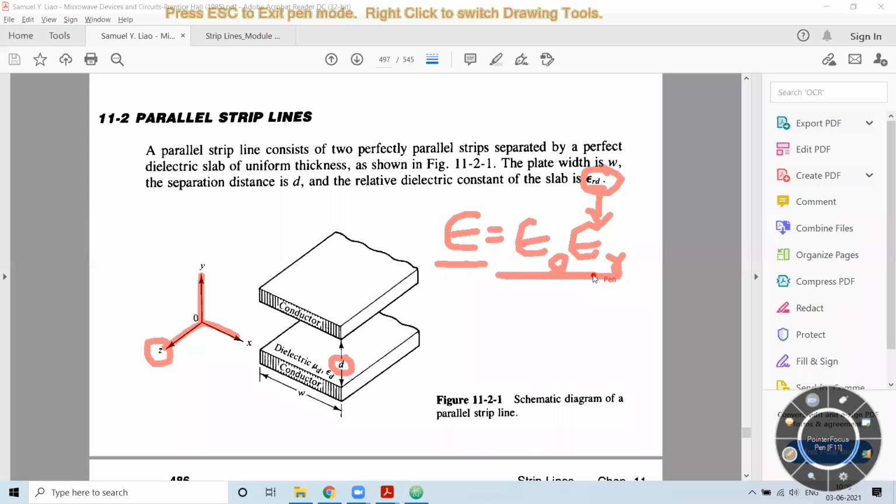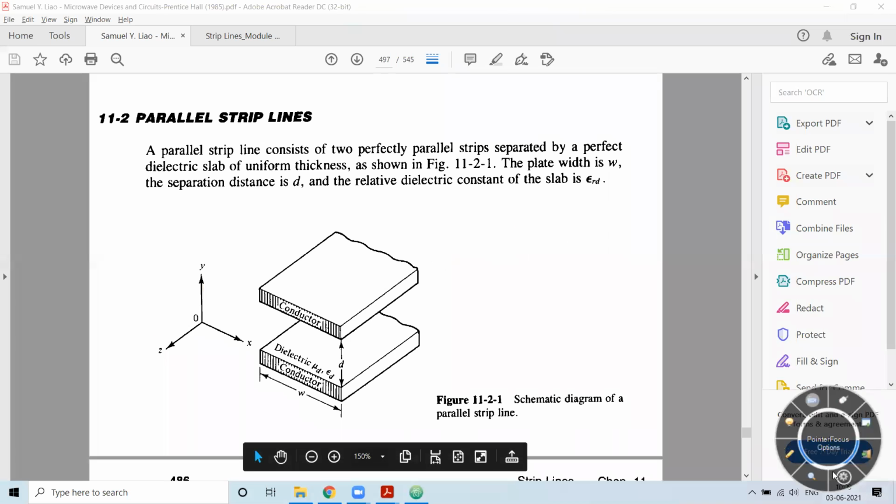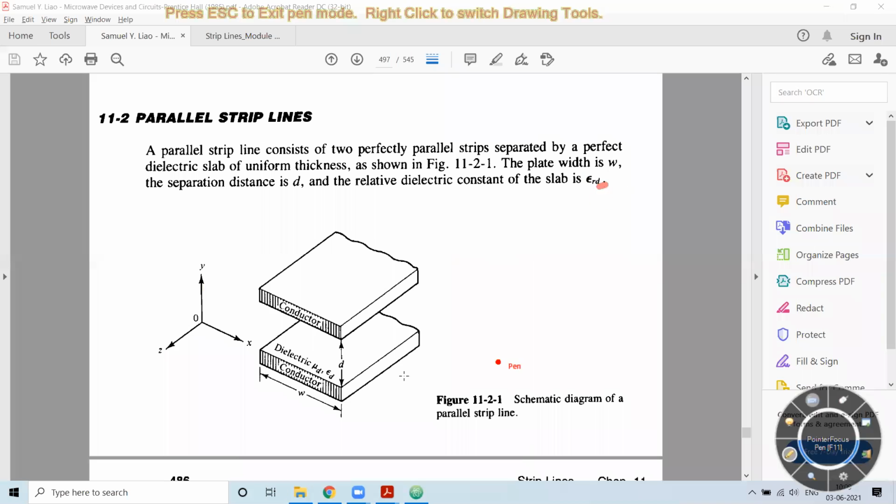The subscript D is just to identify that this is associated with the dielectric material.